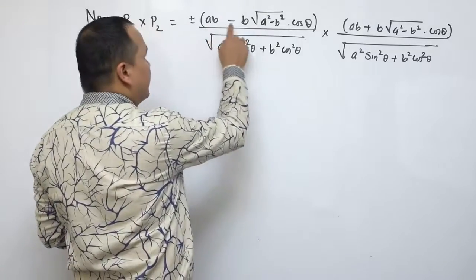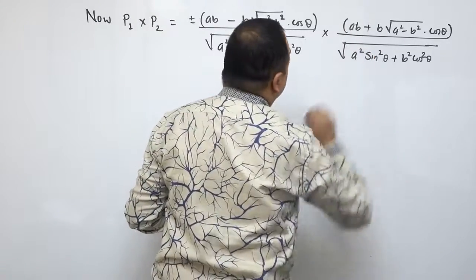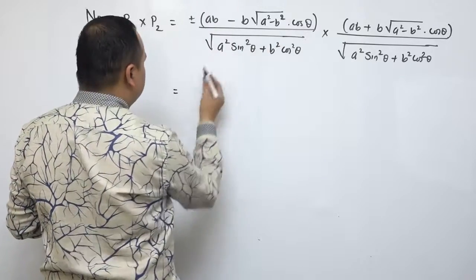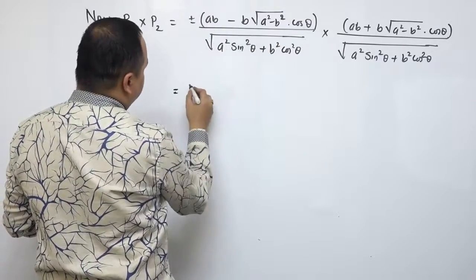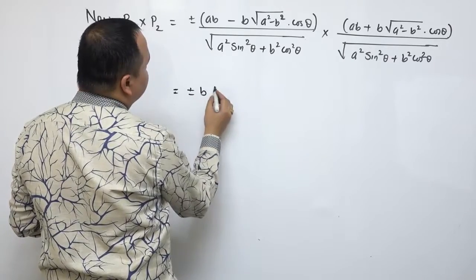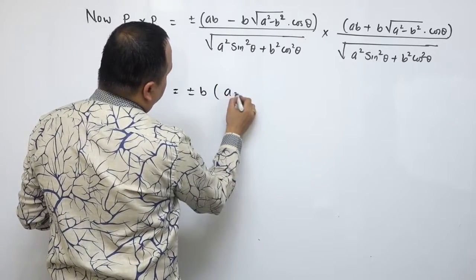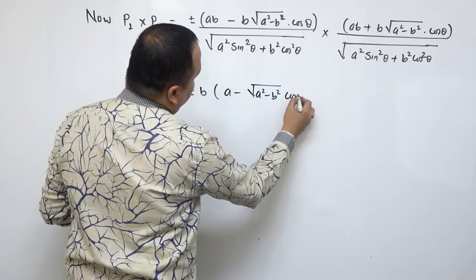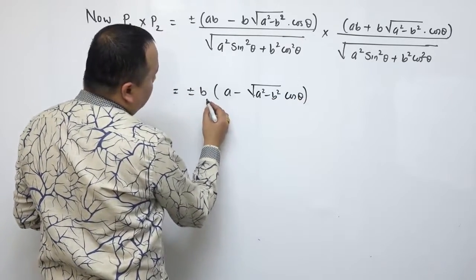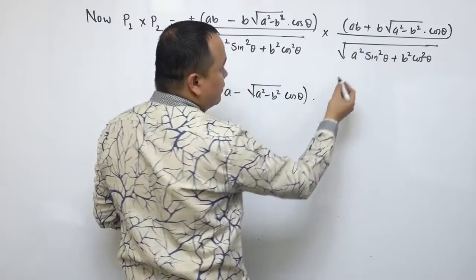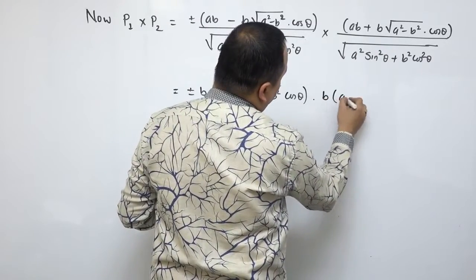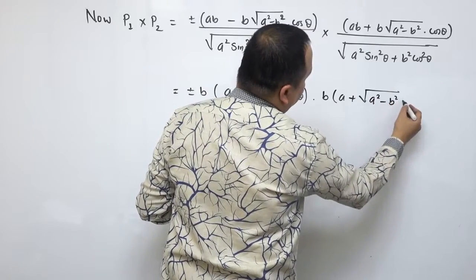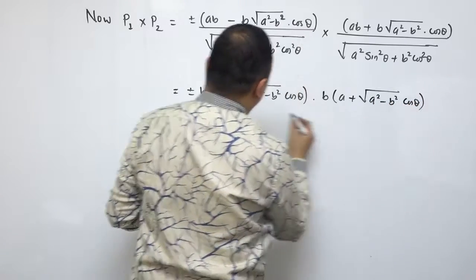Here it is A minus B, A plus B. So here B is common first, then plus minus B and A minus root over A square minus B square into cos theta. Similarly, here again B is common, A plus root over A square minus B square cos theta.